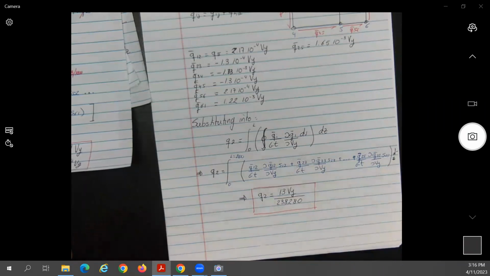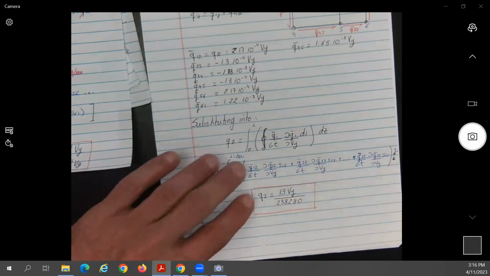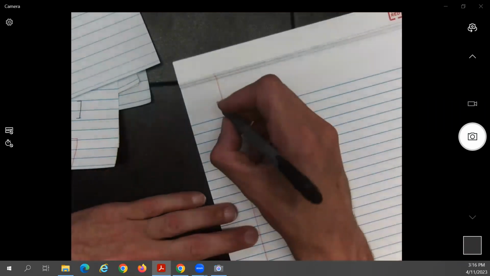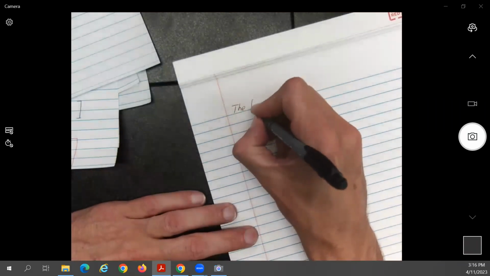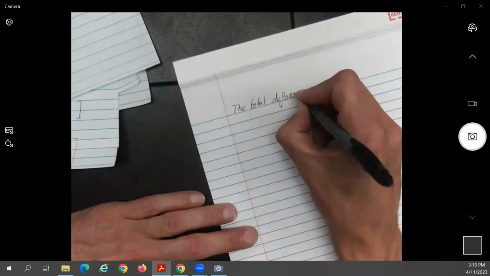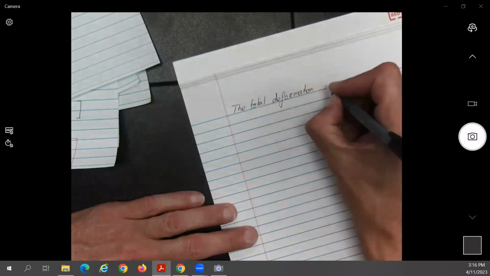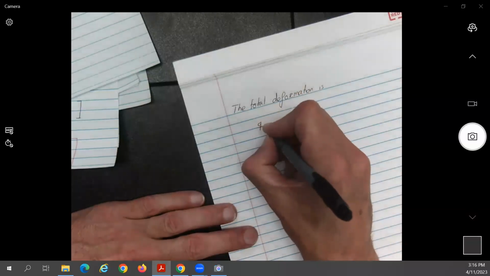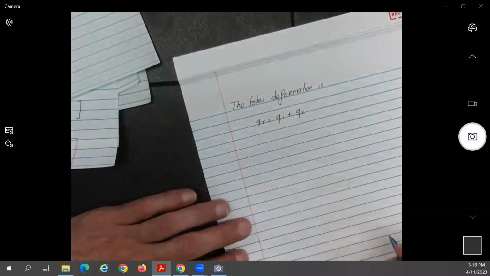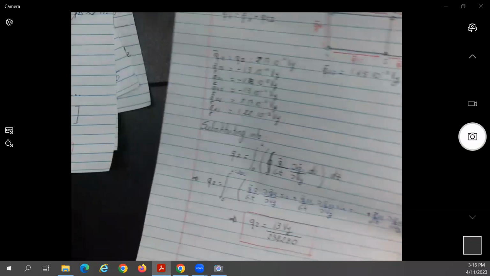I mean, you see that here I highly recommend to use MATLAB or Maple, no? Yeah? Okay. So the total deformation is, let's say, Q total will be equal to what? Q1 plus Q2. I don't remember the expression for Q1.